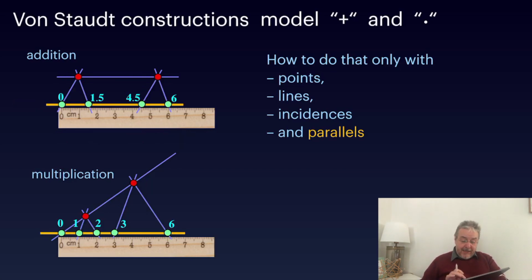And why does this work? So let me give you some explanation. So first of all, above here, I just marked those two triangles. They are identical figures, and the whole construction is based on the fact that those two things are identical.